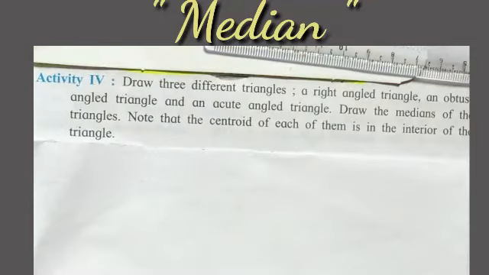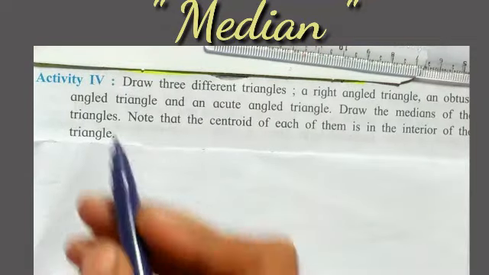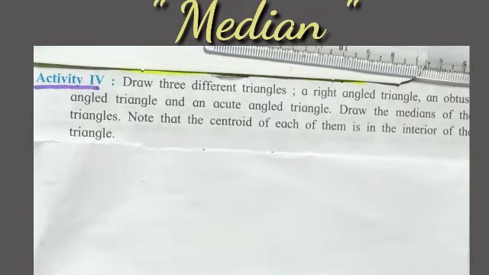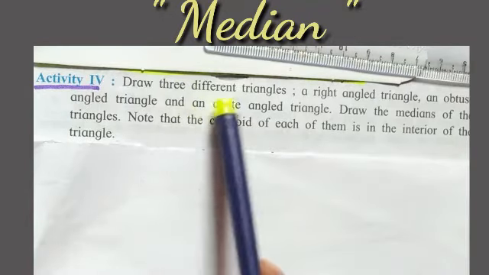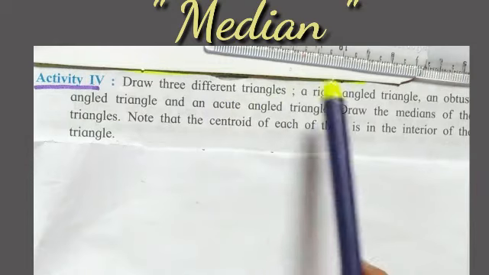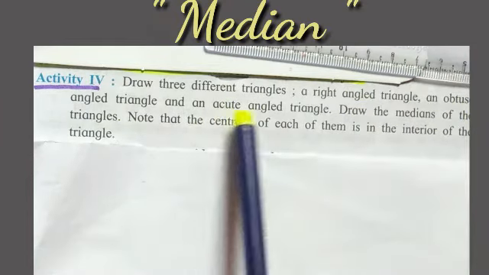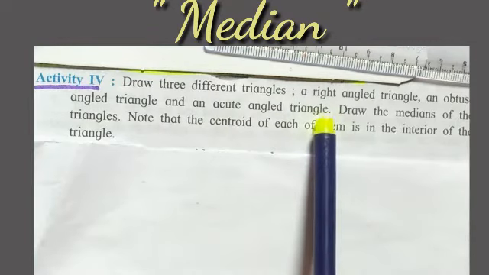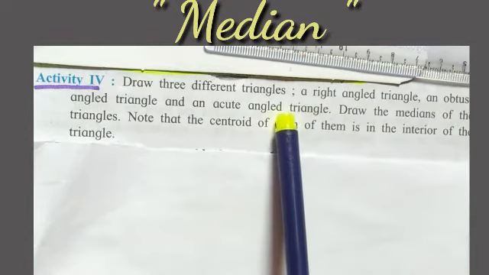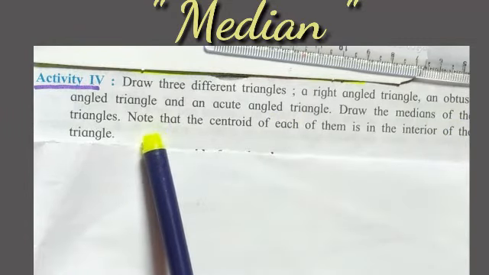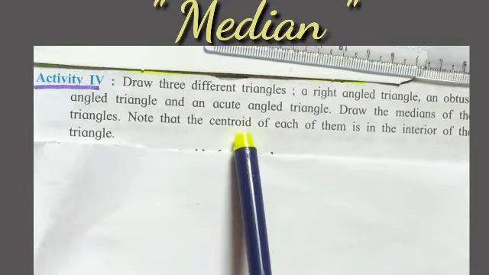Now here is one activity for you which you have to solve in your classwork notebook. What is this 4th activity? You have to draw three different types of triangles: a right angle triangle, an obtuse angle triangle and an acute angle triangle. Draw their medians, then note where the centroid comes.